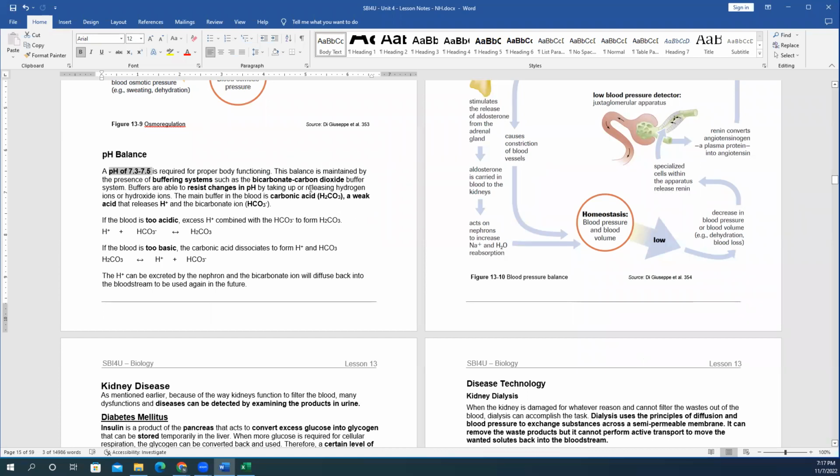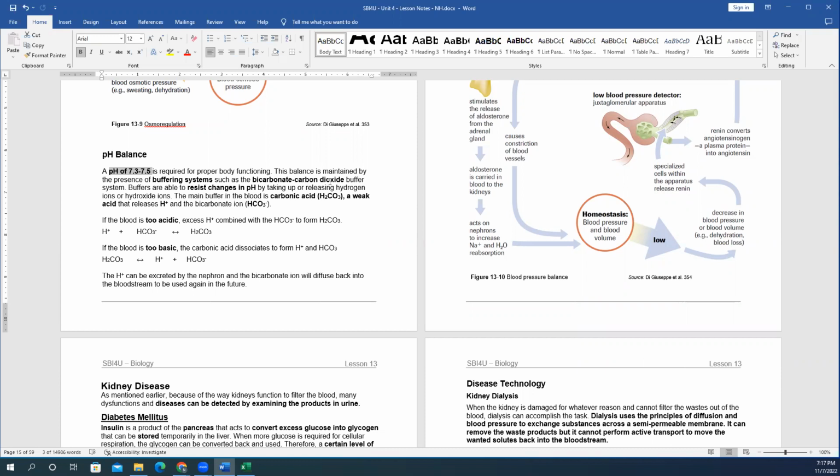If you recall earlier on, we discussed buffers and how they are able to resist change in pH. That's what buffers do. Buffers resist changes in pH by either taking up or releasing hydrogen ions or hydroxide ions.